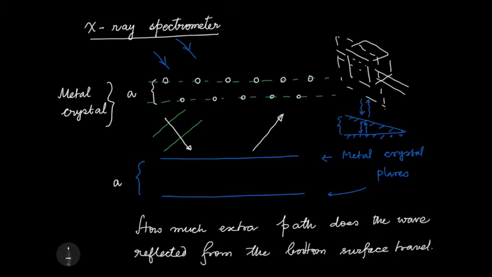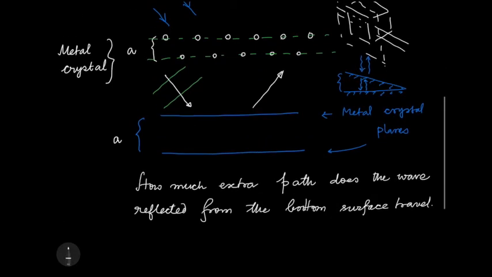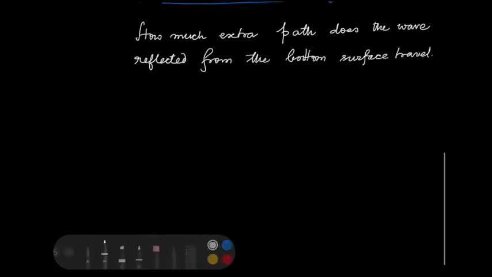If I know the path difference, I can calculate the phase difference, and I can say where I will see a constructive interference and where I will see a destructive interference.